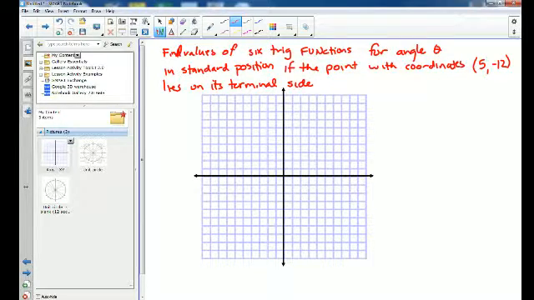-12 lies on its terminal side. Exactly, it matches the starting point. So, where's 5, -12? There, 1, 2, 3, 4.